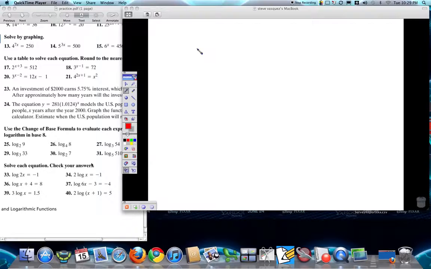Last example I'm going to give is question log x plus 4 equals 8. Again, here I'm going to take this 4 and move it by subtracting on both sides before I go anywhere. Now I've got log of x is equal to 4.